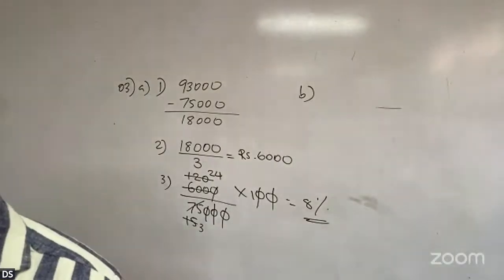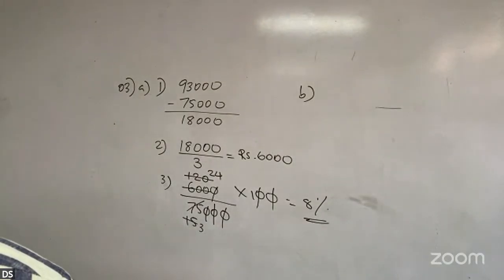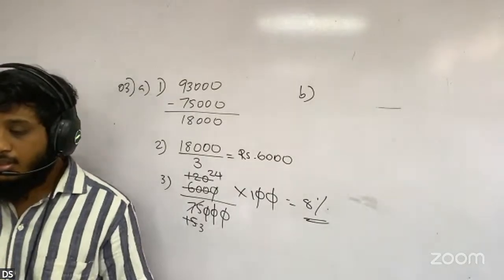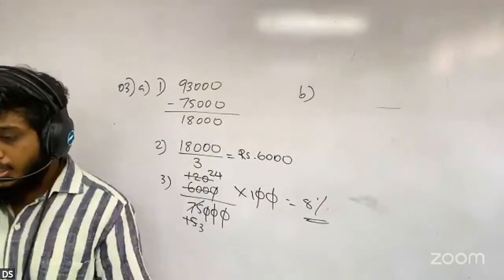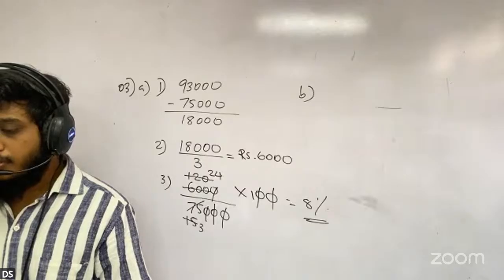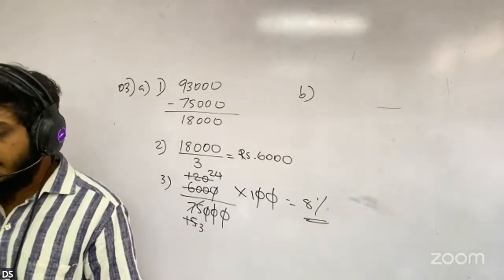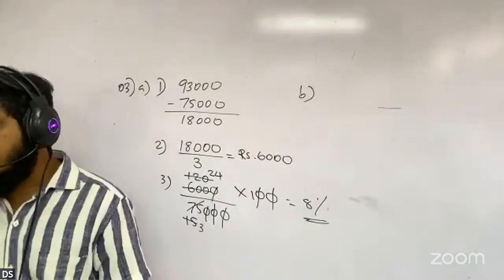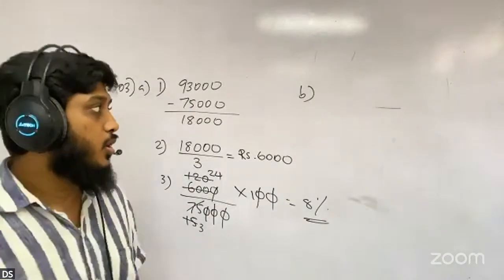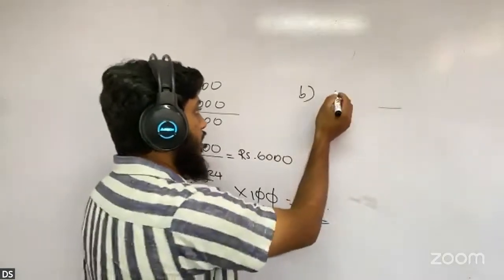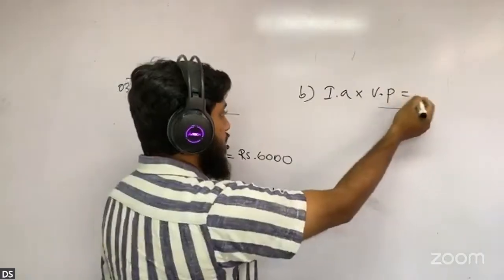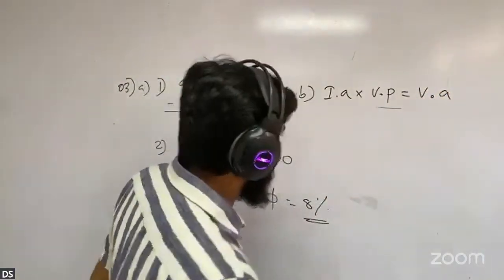The VAT amount paid by a person for a water bill under the 4% VAT percentage is 104. What is 104? The VAT amount. What is the percentage? 4%. Find the initial value of the water bill. This is the formula: initial amount into VAT percentage equals VAT amount.